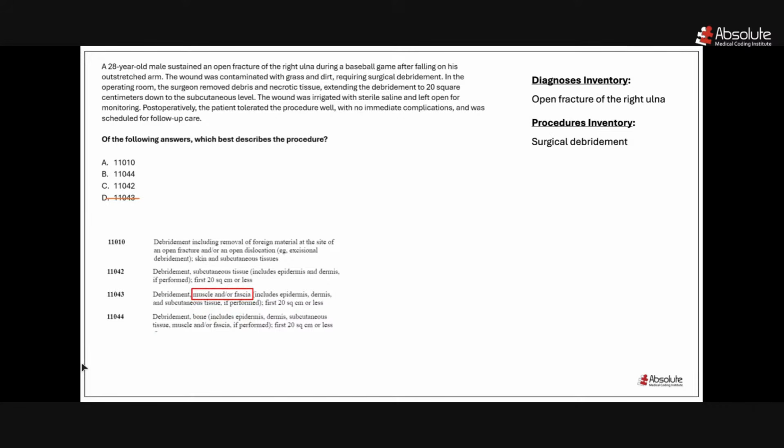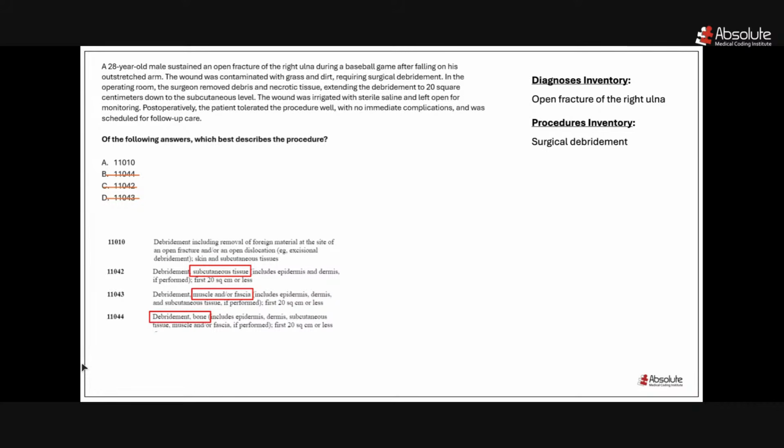Right now, option D is coding for a debridement of muscle and fascia. Option C is coding for debridement of subcutaneous tissue, and option B is coding for debridement of the bone. And option A is coding for a debridement including removal of the foreign body at the site of fracture and/or open dislocation.